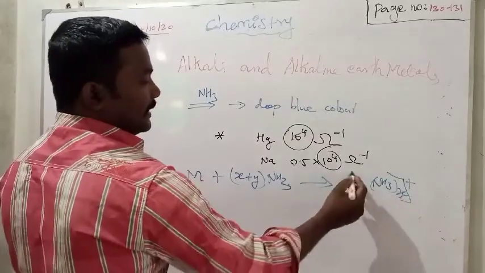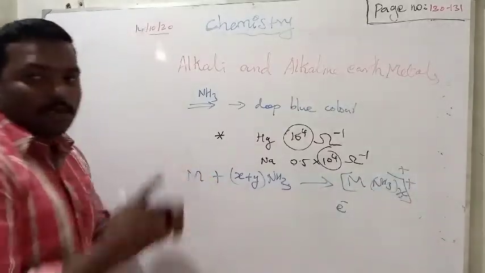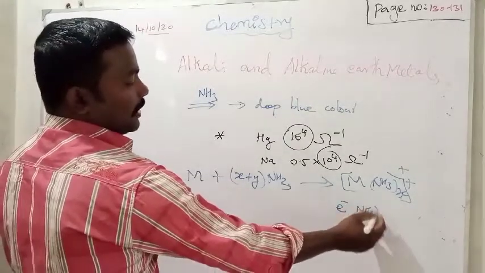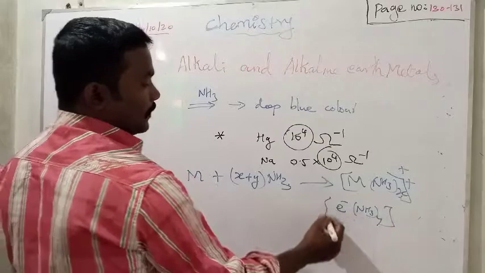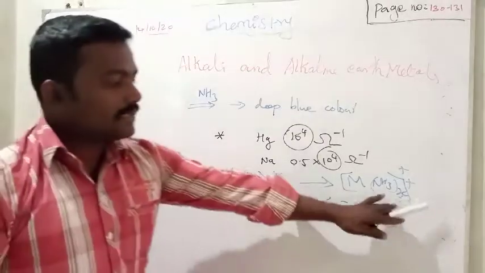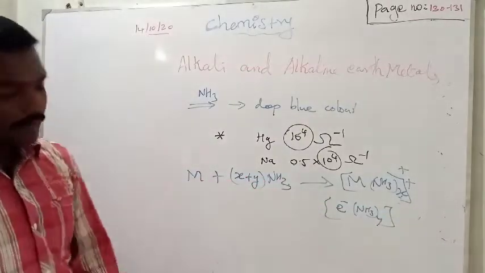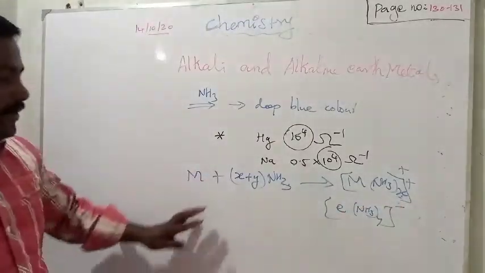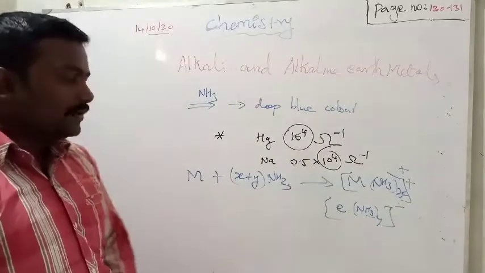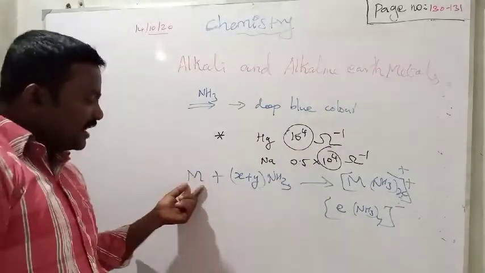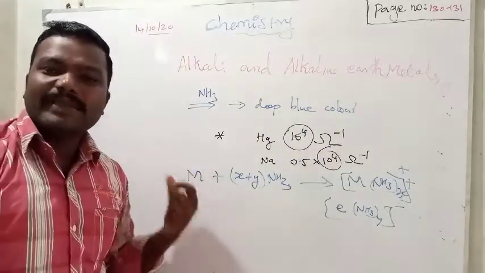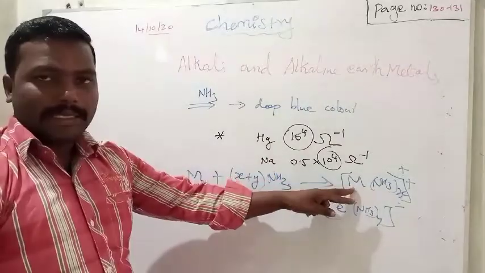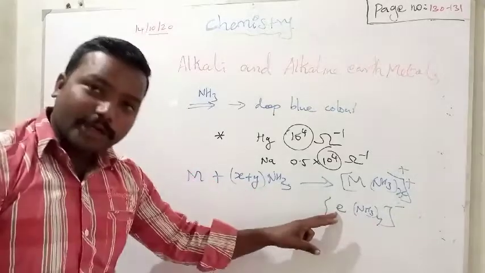Usually you can write this as a coordinated bond. The electron also goes with some ammonia. Because of this reason, ammonia reacting with alkali metals produces ammoniated metals as well as ammoniated electrons.